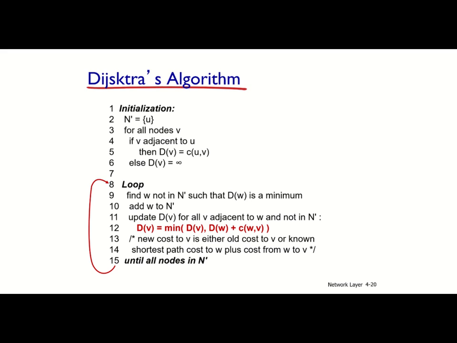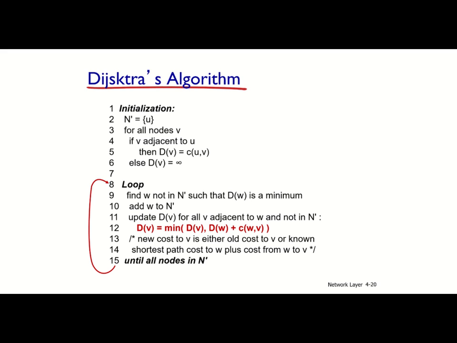In each loop, we first find w, which is the node that is not in set N prime but has the minimum distance from u, and we add that w to N prime, and after we do this, we update all of the distances d of v for all v's adjacent to w that are not in set N prime.